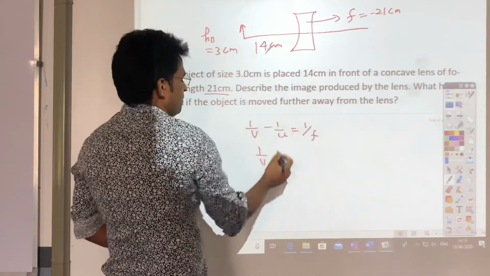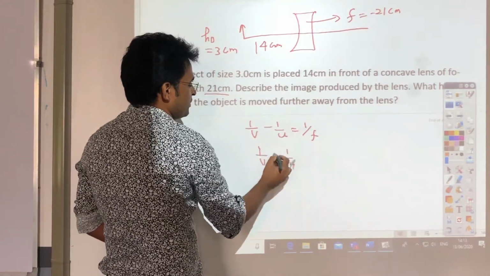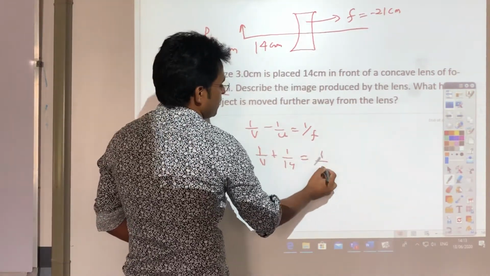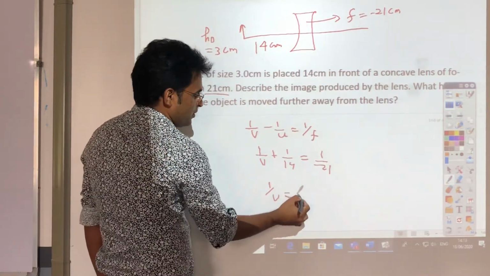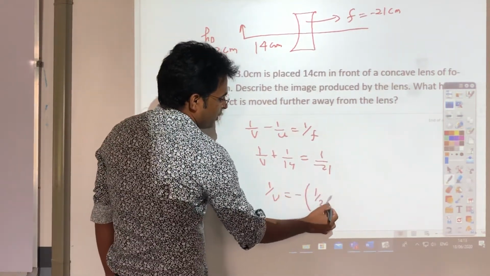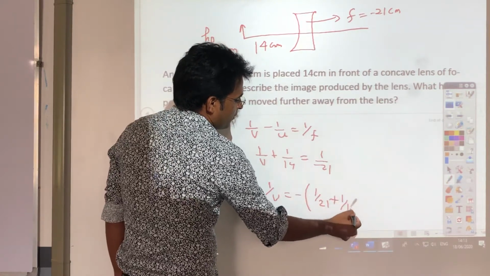The U distance will be minus 14, so minus becomes plus, and F is minus 21. So 1 by V is equal to minus 1 by 21 plus 1 by 14.